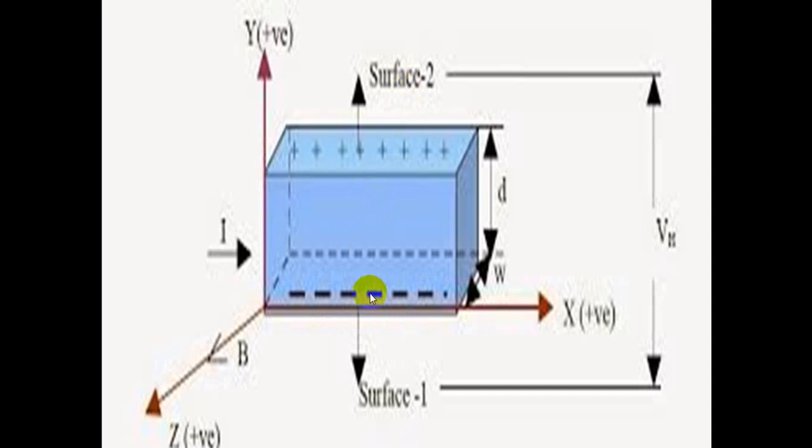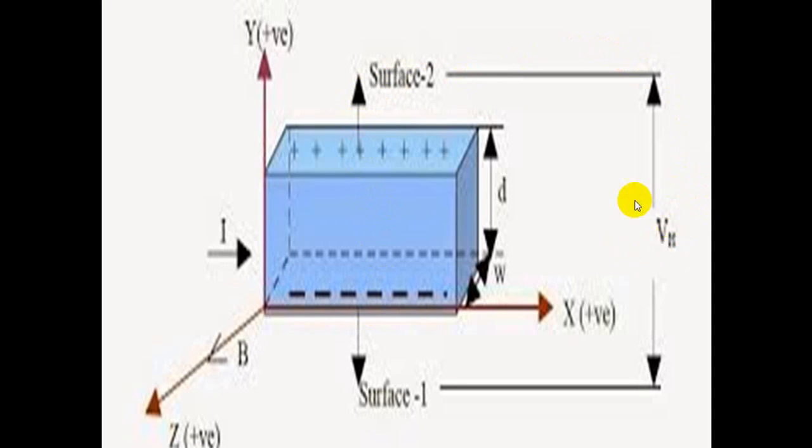So that's why here the electrons and positive charges are separated, then a voltage is developed. That developed voltage is detected and noted using a voltmeter.